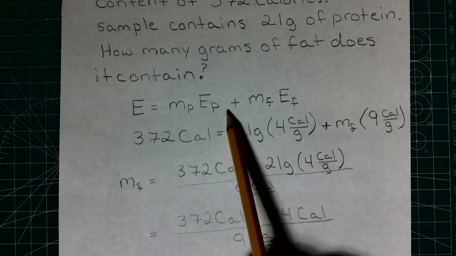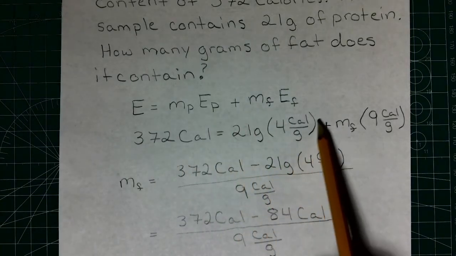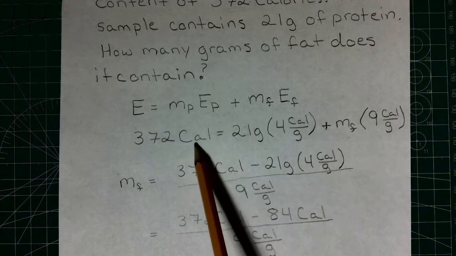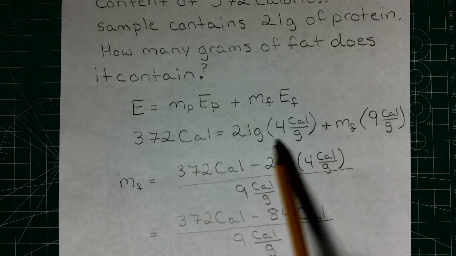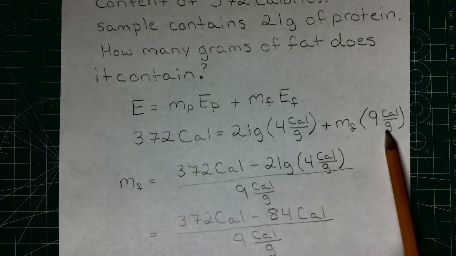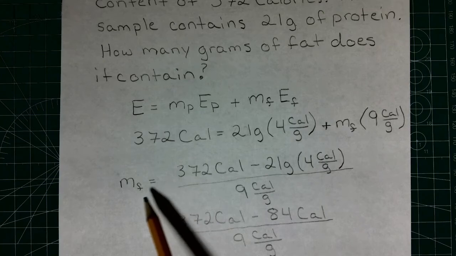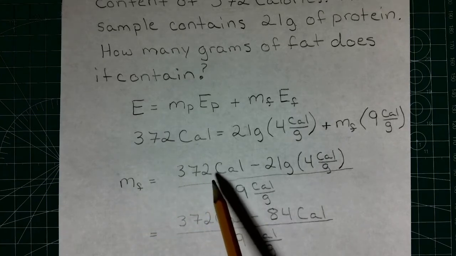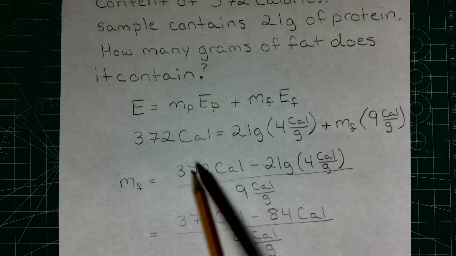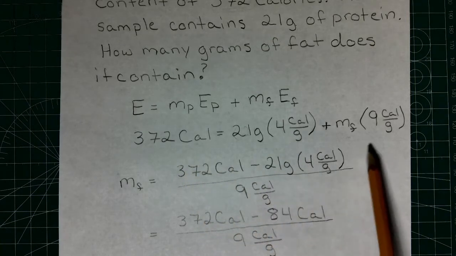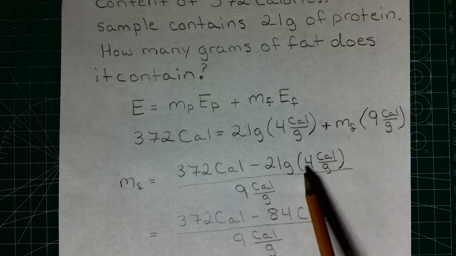If I subtract this term from both sides and move it over there, and then divide by 9 calories per gram, I'm going to get the mass of the fat all by itself. You can see here, this is that term minus this term, divided by that 9 calories per gram there.